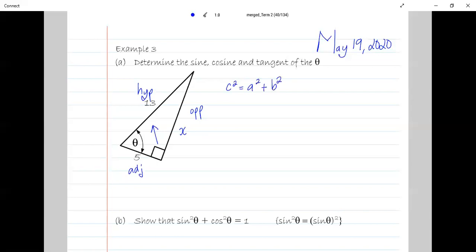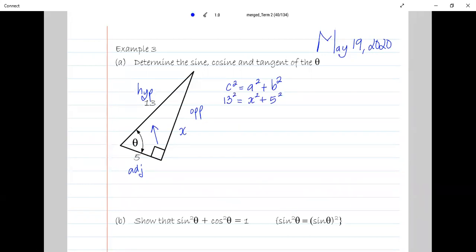In the formula, c is the hypotenuse and a and b are the other two sides. So the hypotenuse here is 13, so c is 13. The other two sides are x and 5. So 13 squared is equal to x squared plus 5 squared.